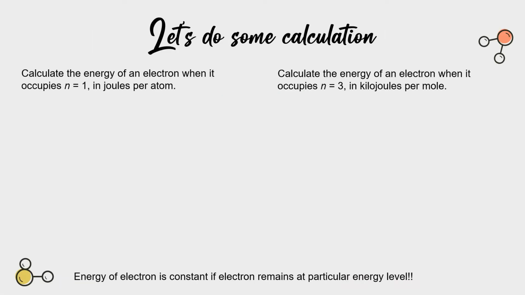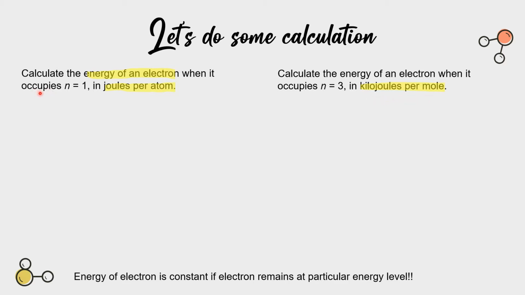So now let's see the difference in calculation to find the energy of an electron in joules per atom and in kilojoules per mole. In this example, you are going to find the energy of an electron in two different units. The first one is in joules per atom and the second one in kilojoules per mole.